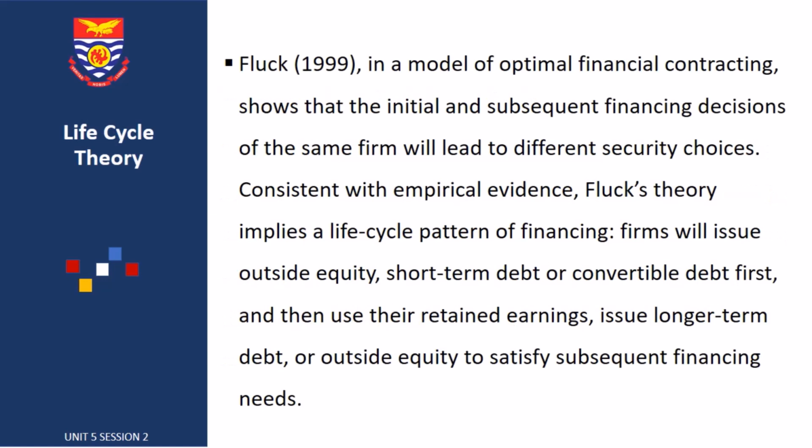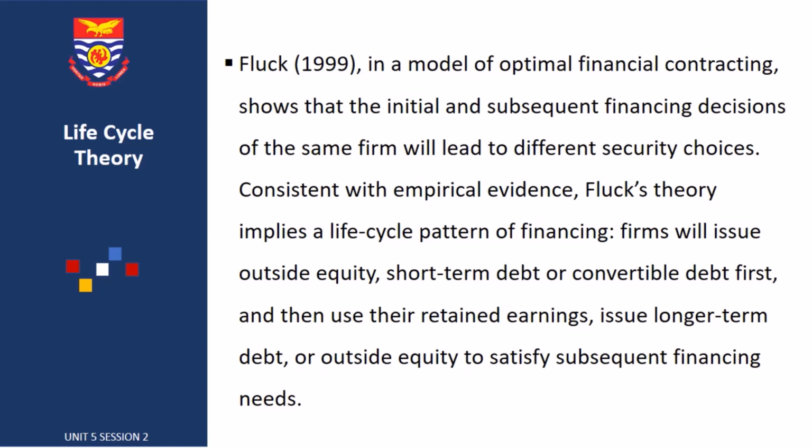We also have the life cycle theory. Flack 1999 stated, in a model of optimal financing contracting, that the initial and subsequent financing decisions of the same firm will lead to different security choices. So consistent with empirical evidence, the Flack theory implies a life cycle pattern of financing.